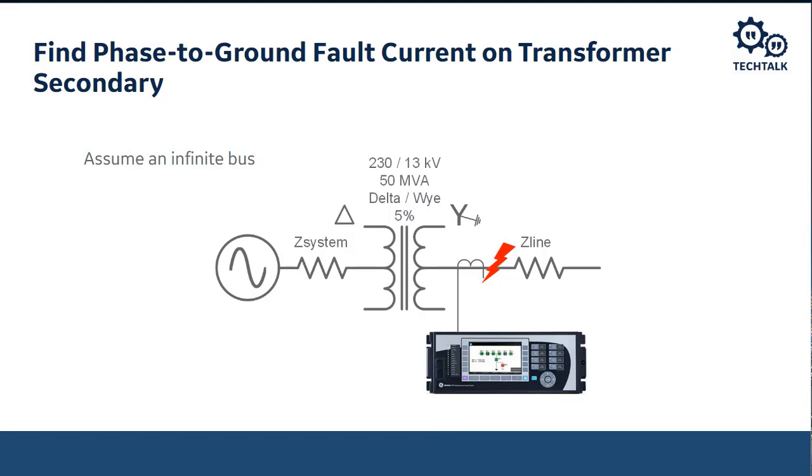So we're going to assume that the impedance of the system is infinite. This is an assumption that a lot of people make when calculating fault currents. It's good and it's bad. It's good in that it doesn't matter what happens in the transmission system or how it changes.